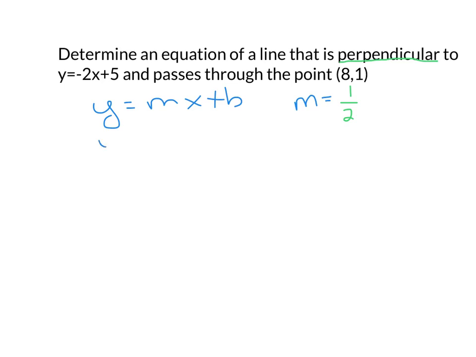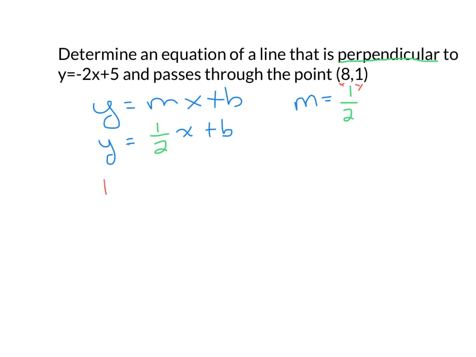Now if we rewrite our equation with our slope, and again, we're going to sub in the point. 8, 1 for x and y.